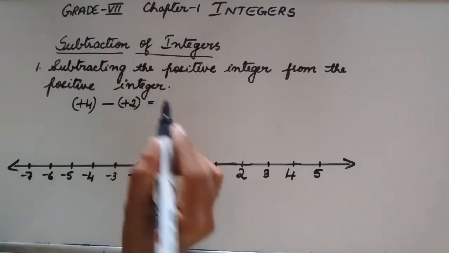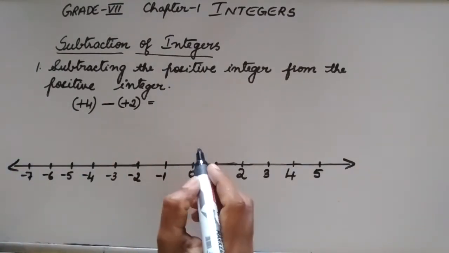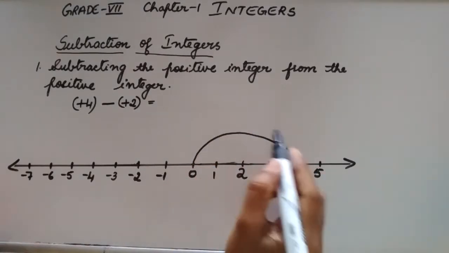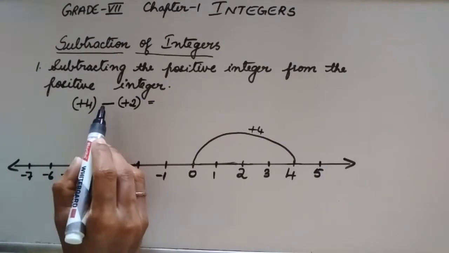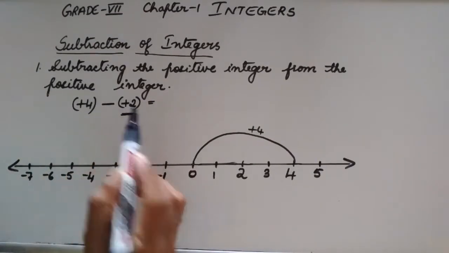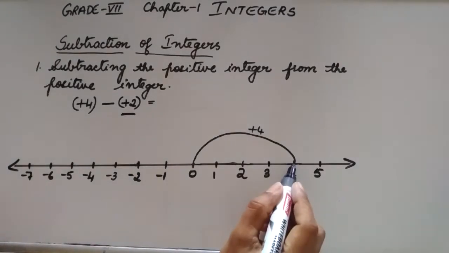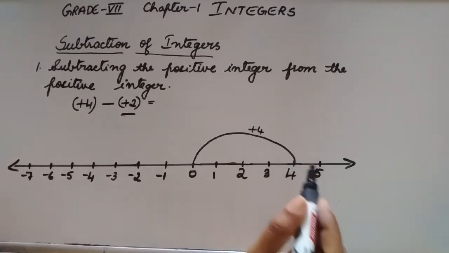So on the number line, first we need to move to plus 4, that is from 0 to plus 4. So this is plus 4. Now since we have to subtract the positive number, we need to move to the left. So we need to move to the left and not to the right.